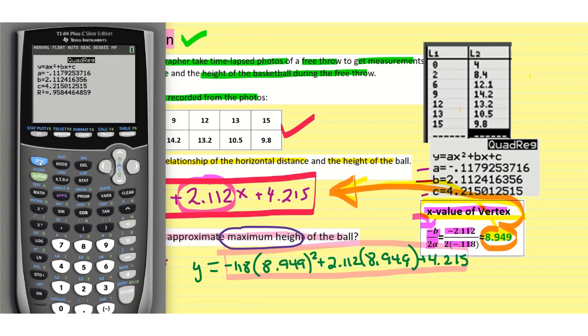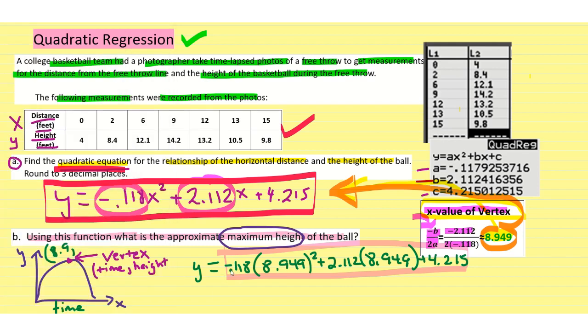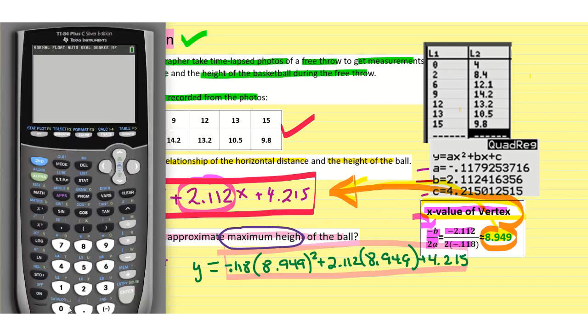Okay, let's turn it back on, press second quit to get to a clean screen, and let's see if we can get that number in there correctly. That's negative 0.118, so don't forget your decimals. Okay, so we have negative 0.118 times 8.949, and that number is squared, plus 2.112 times the x value, 8.949.